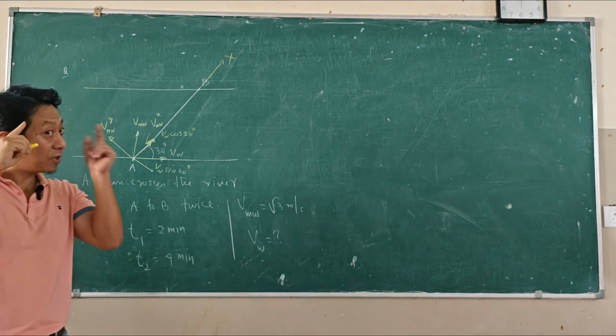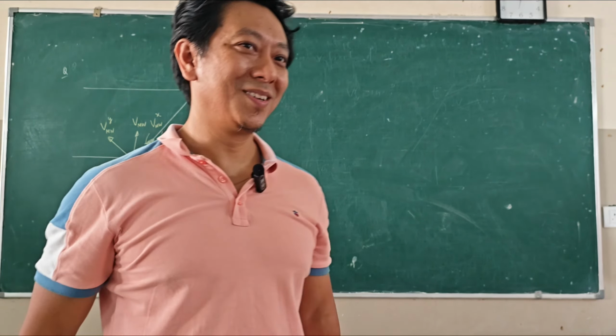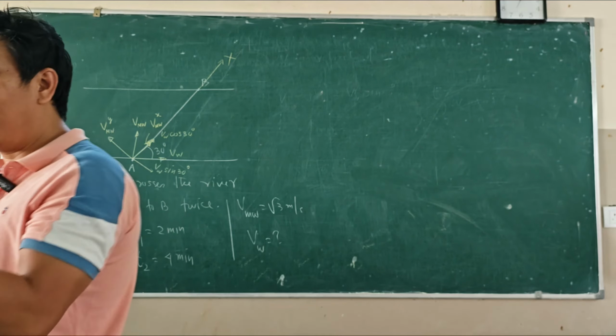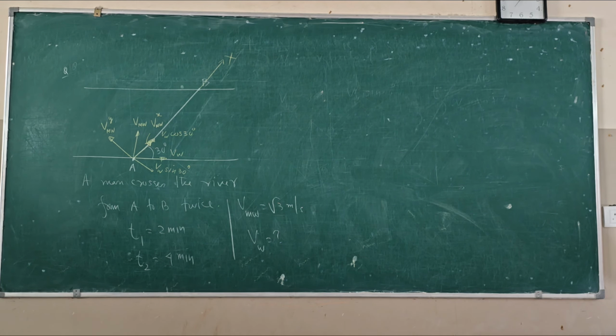But you need to remember that u is VMW. If you write VMW, you will always know it is velocity of man with respect to water. Because you have to write three symbols here, and you have to simplify a lot.